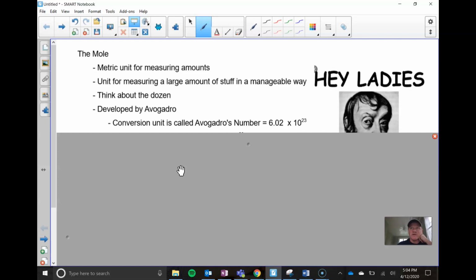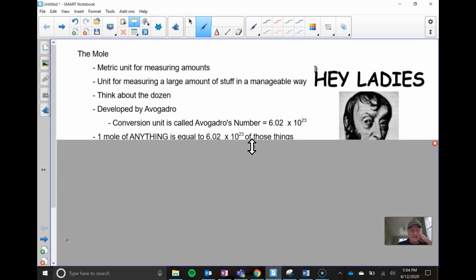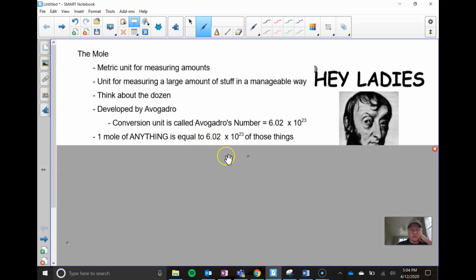It's a very, very, very big number. So what this means is that 1 mole of anything is equal to 6.02 times 10 to the 23rd of those things. So just as 1 dozen of anything is equal to 12, 1 mole of anything is equal to Avogadro's number of those things.